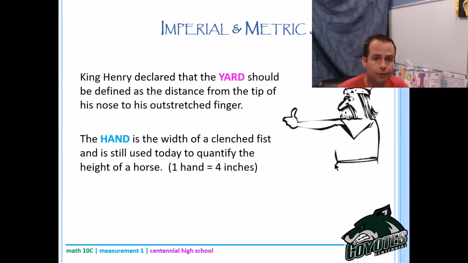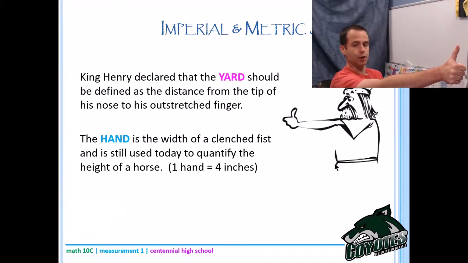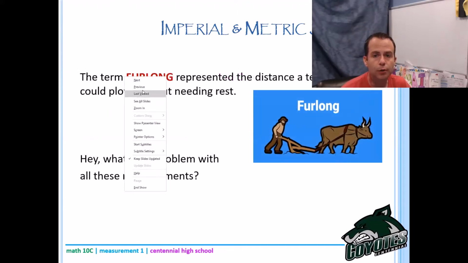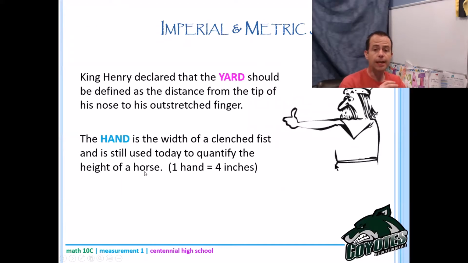Then King Henry introduced a yard, and a yard was defined as the distance from the tip of his nose to his outstretched finger, okay? So that right there would be a yard for me, okay? The hand is the width of a clenched fist and is still used today to quantify the height of a horse, okay?